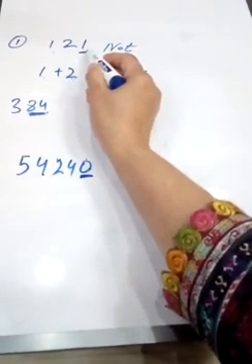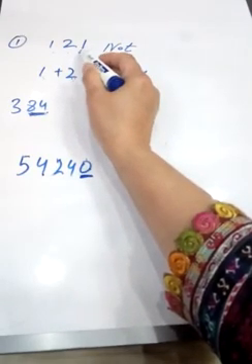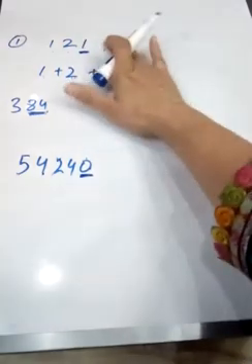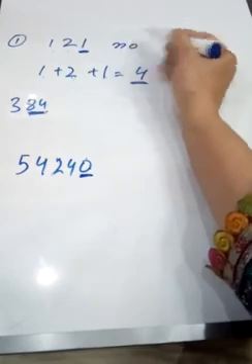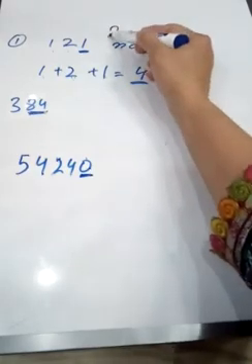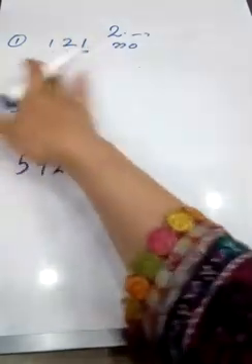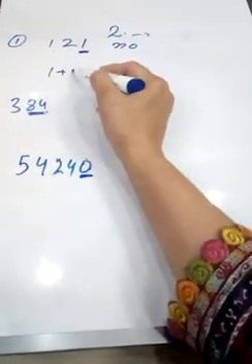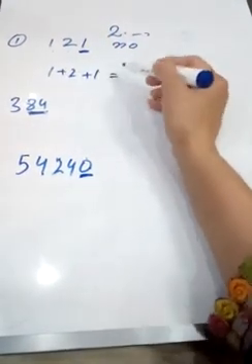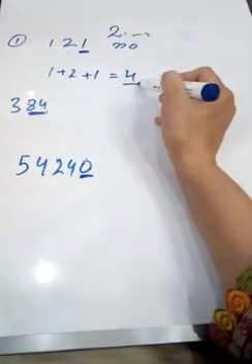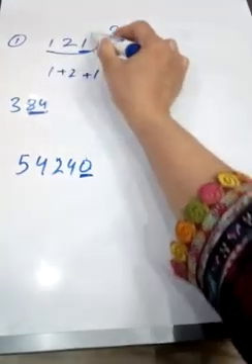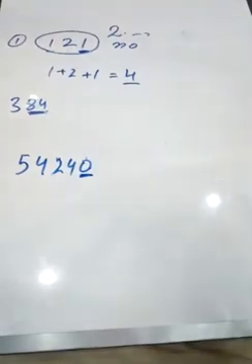At the one's place we don't have any even number, so the rule of divisibility test of 2 is not fulfilled here. The divisibility test of 3 is also not fulfilled. It means that 121 is not divisible by 6.